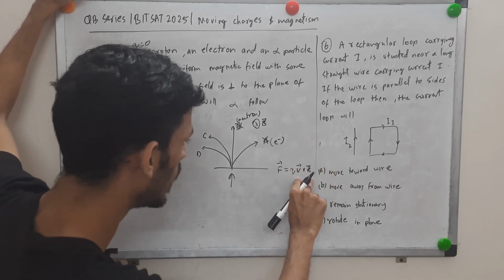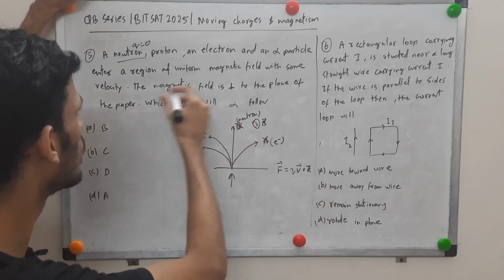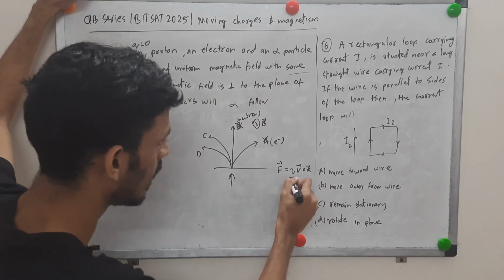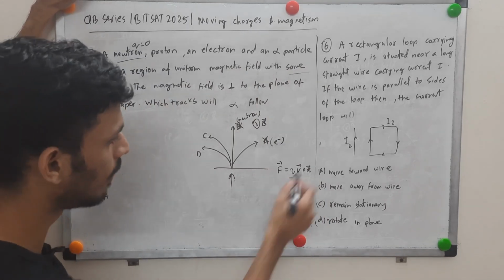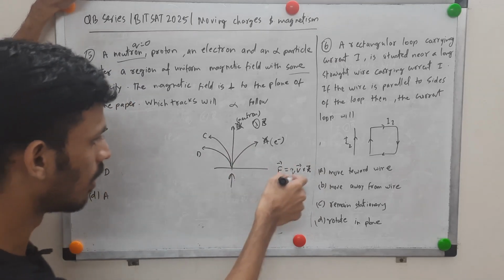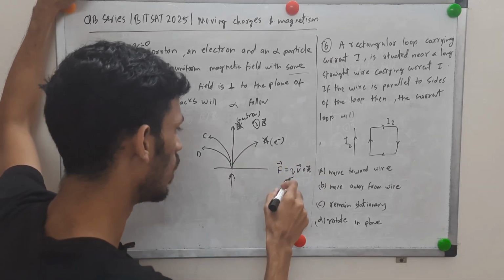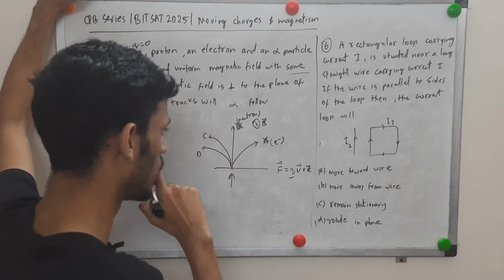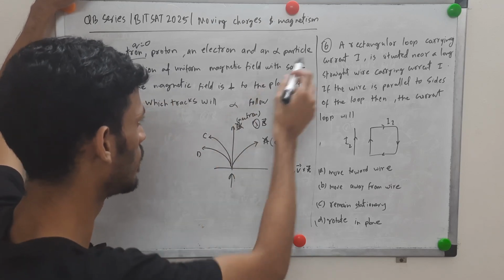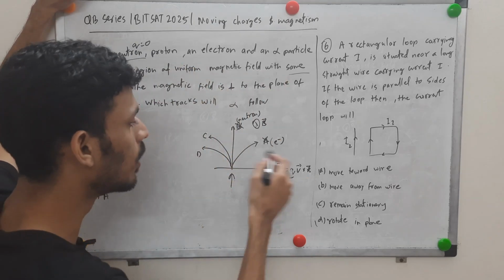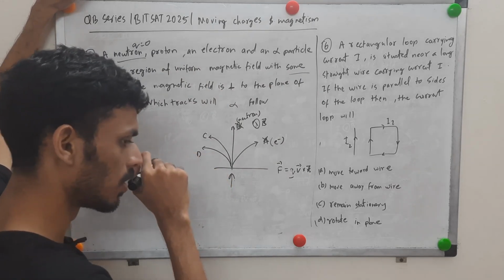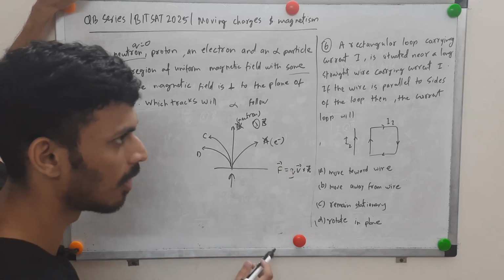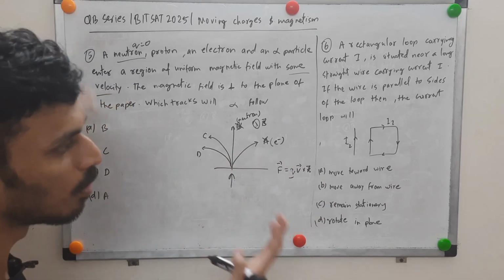Since velocity and B are the same for all, as they enter with the same velocity, the only differentiating factor is q. Q for the alpha particle is 2 times that of the proton. So Q is large for the alpha particle, which means the force is large. So it will pull the particle more.